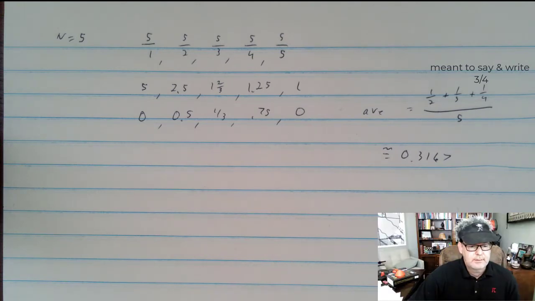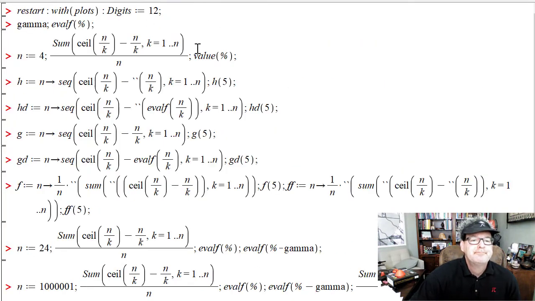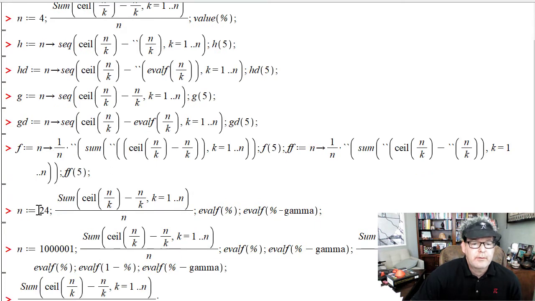So any more good ones? Well, let's start having the computer do it. So let's see. See what I got here. Just jump to right here. So if I look at my earlier ones, what do we have?